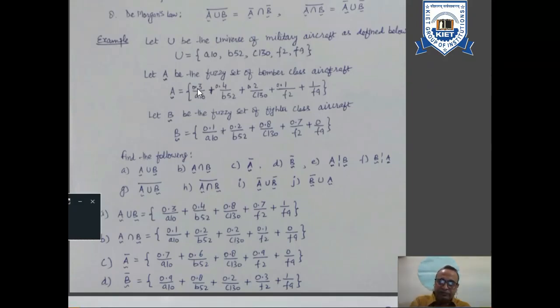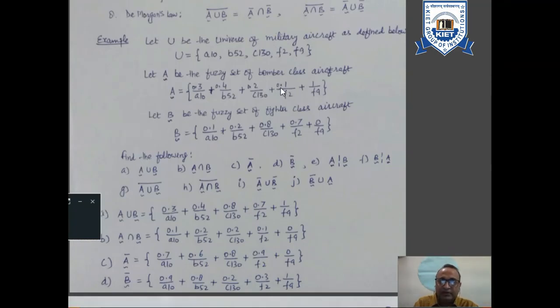According to the perception of the person whom I have assigned the task of making the fuzzy set, he thinks that the A10 aircraft has a 0.3 membership value with respect to the bomber class aircraft. And according to his perception, B52 is more suitable. He thinks that B52 has more characteristics in terms of bomber class, and C130 has very few characteristics for the bombing property.